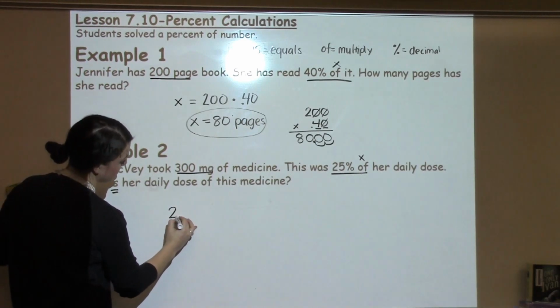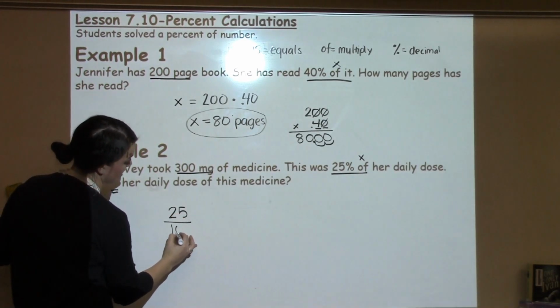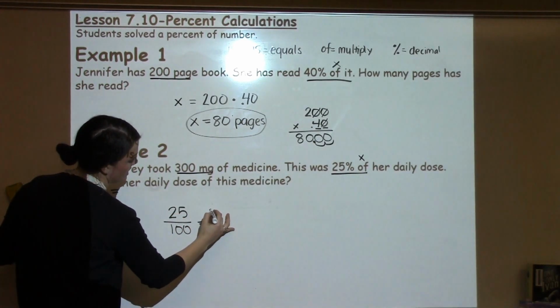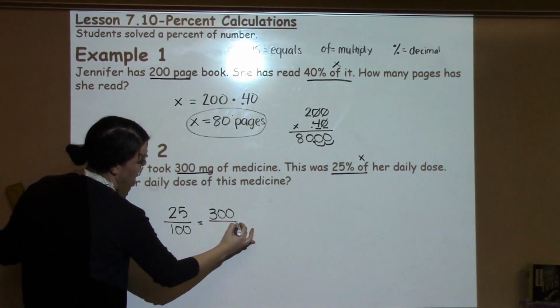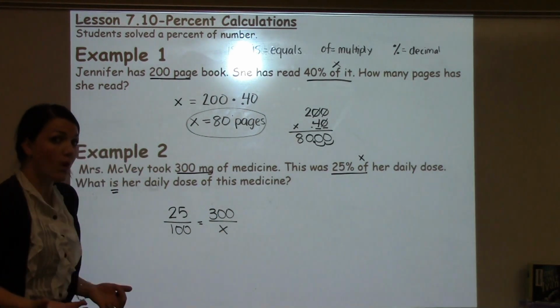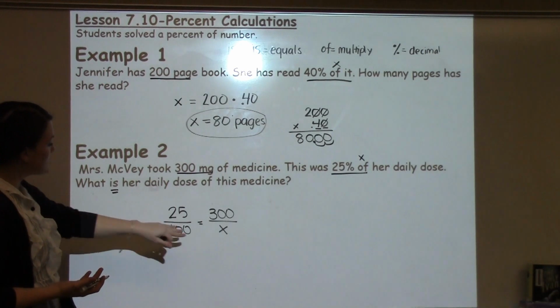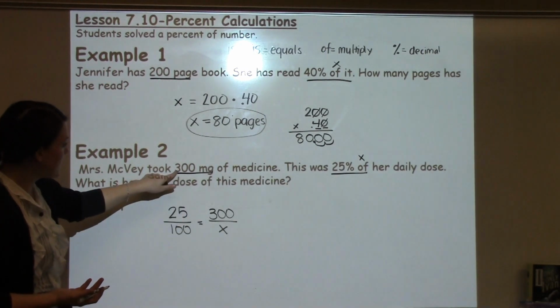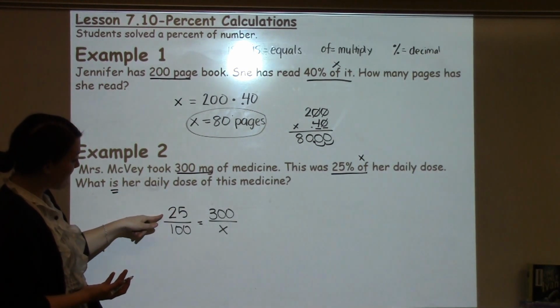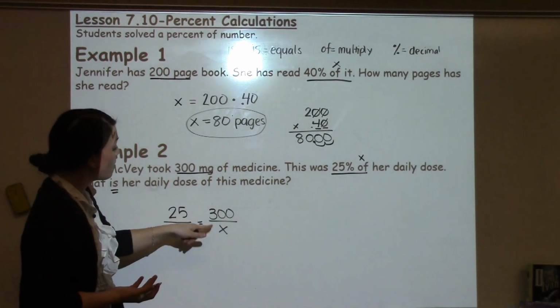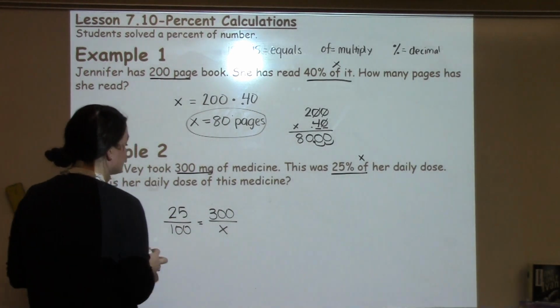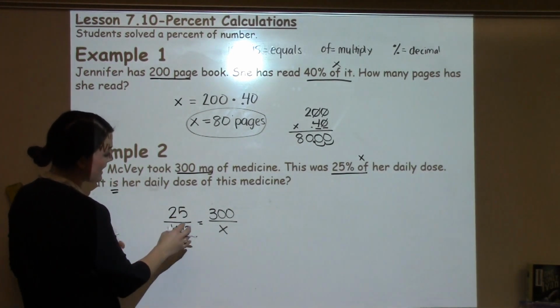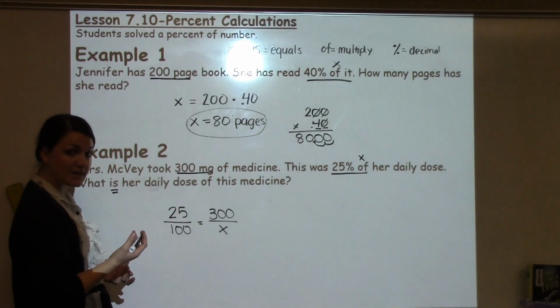25% out of 100 is the same as the 300 of what? So I need to figure out what is my whole dose. If 300 is only 25% of my whole, what is that whole? So I'm going to set this up in this way, and I could again solve it as a factor puzzle.